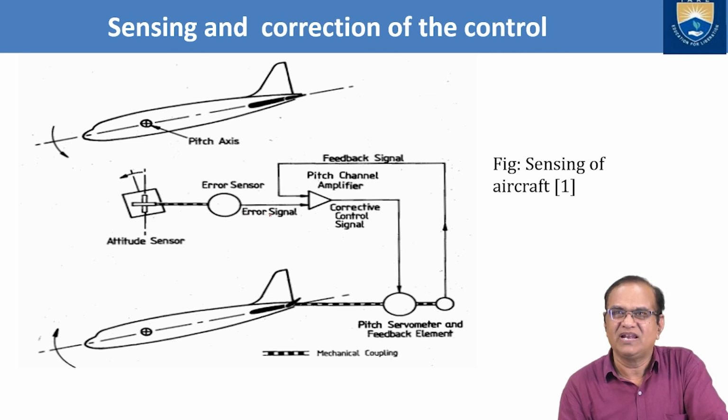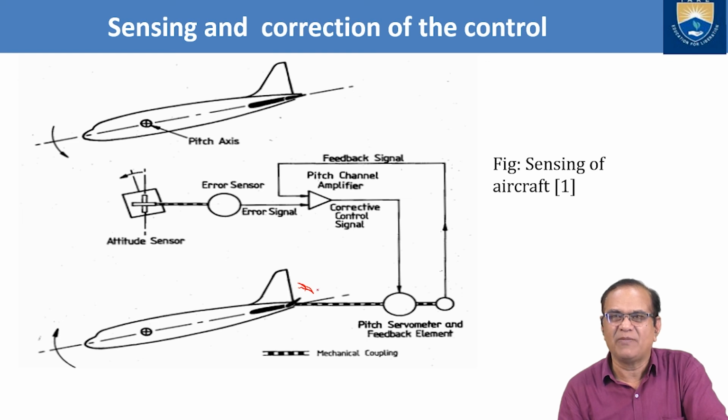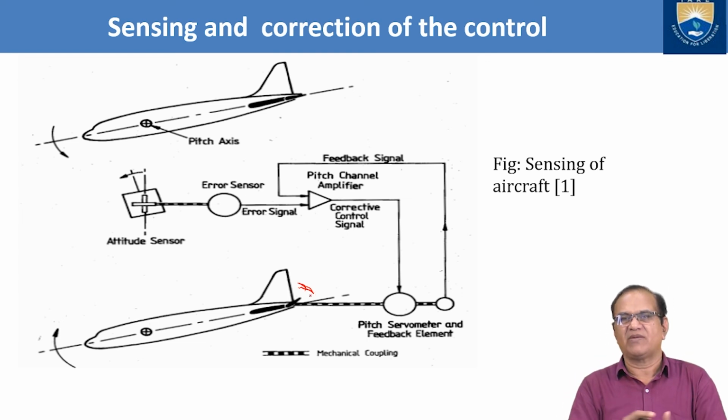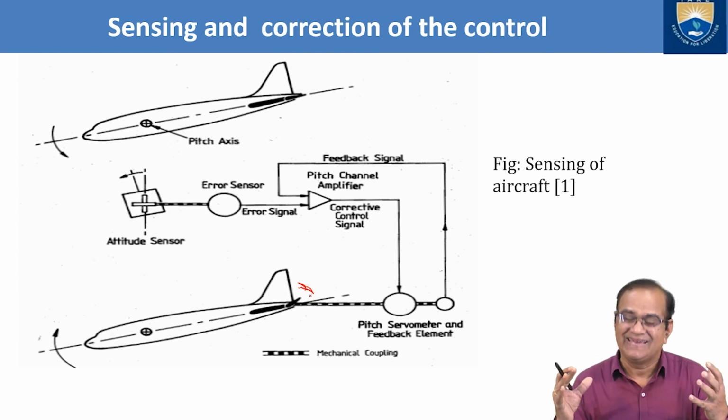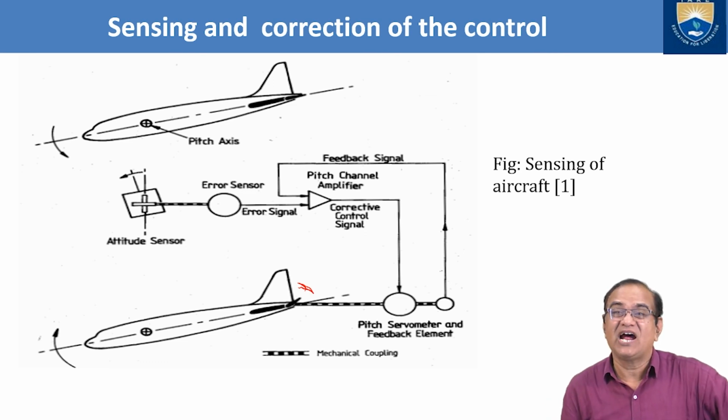From the error it will go to the pitch channel amplifier. Then it will go to the corrective control signal, and then to the pitch servo motor and the feedback element, and it will make your elevator go up and down as per the requirement.